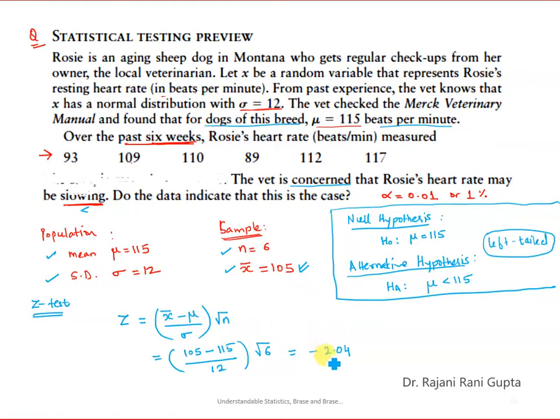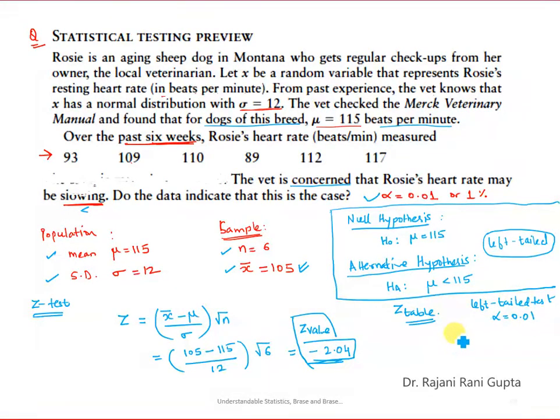Let's write down this value. This is the z value from the calculation. Now we need to compare it with the z value from the table. To get the value from the table, we have a left tail test and alpha is 0.01.